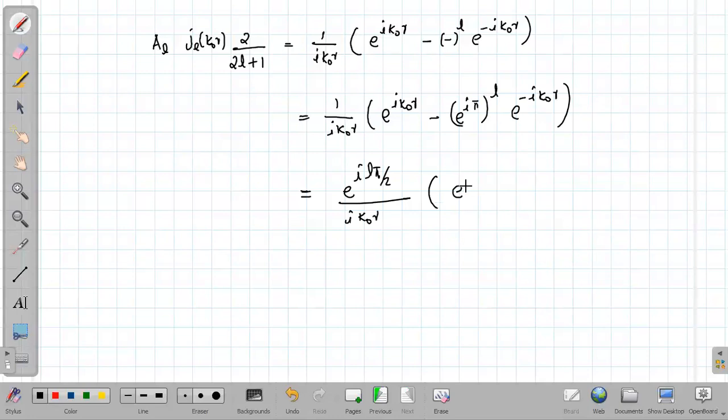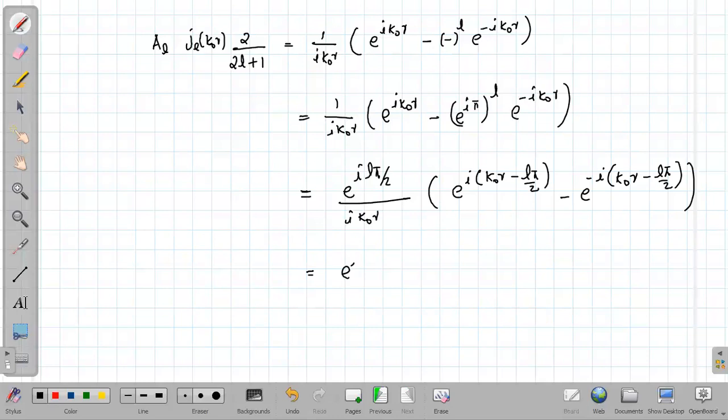So this becomes e raised to i (k0 r minus L pi by 2) minus e raised to minus i (k0 r minus L pi by 2).